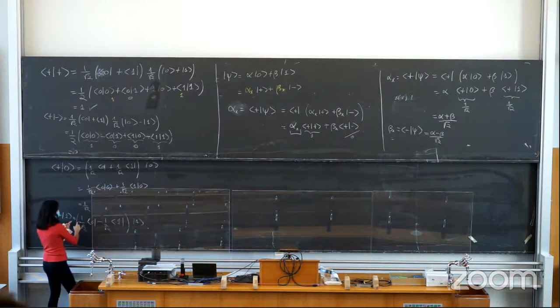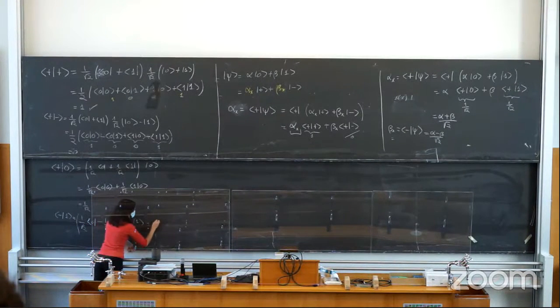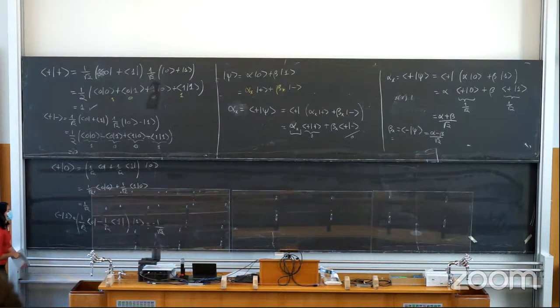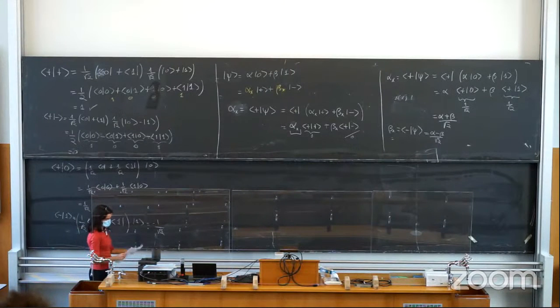So now when they multiply, the surviving term is the one that has a minus sign, so that's minus 1 over square root of 2. Okay. So we can always practice this, and in the exercise class on Thursday, you'll have more of this to practice.